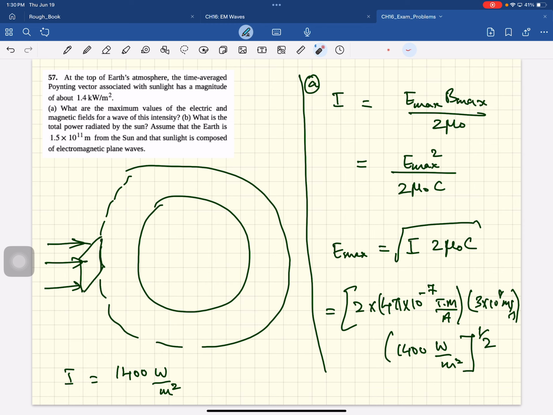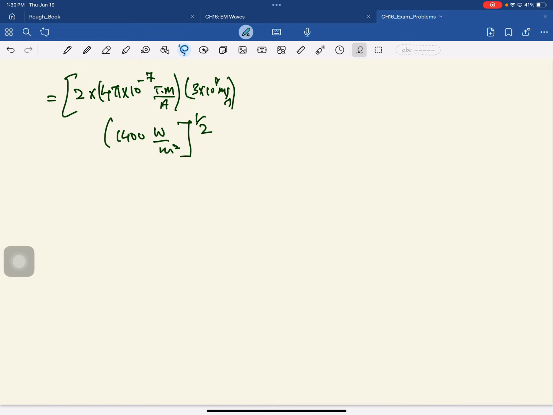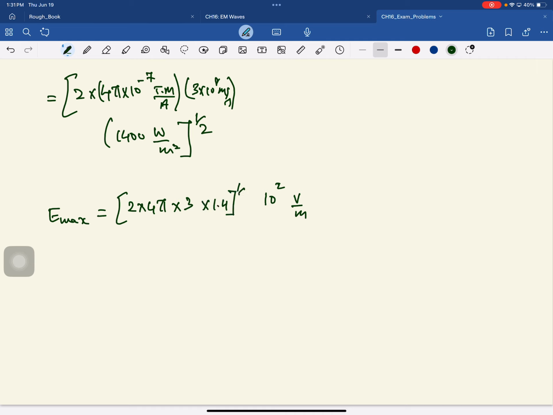So E max is 10 square volt per meter. What is left inside is 2 into 4 pi into 3 into 1.4, to the power half.